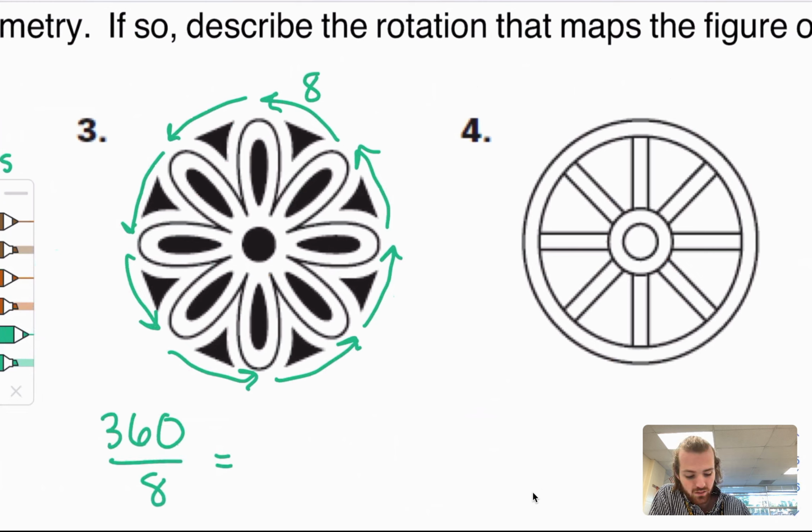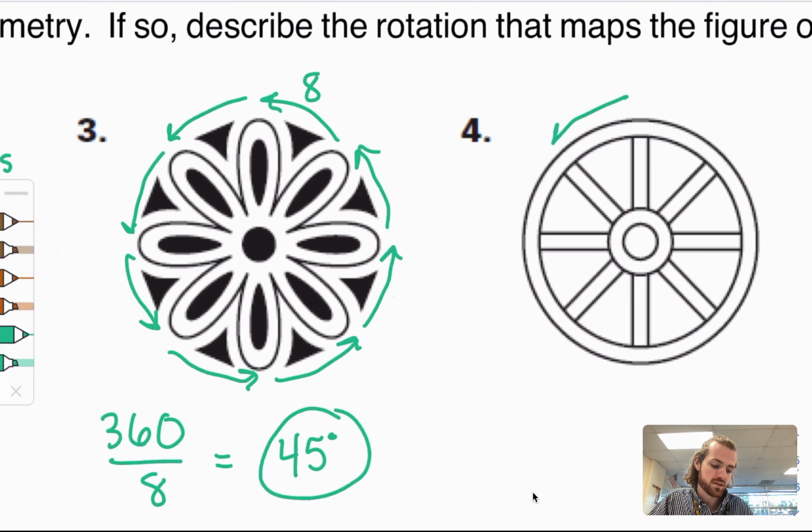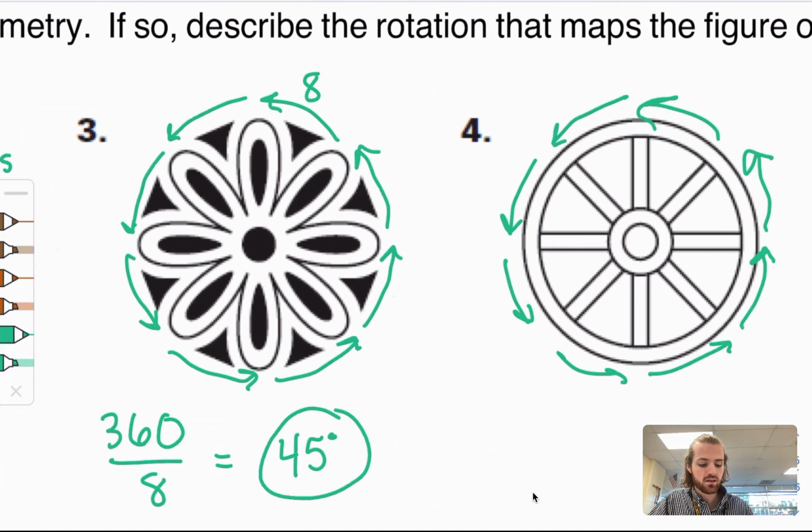It ends up being 45-degree rotational symmetry. Well, this last one, we can count 1, 2, 3, 4, 5, 6, 7, 8. Also 8. So we're also doing 360 divide 8, which is still 45 degrees.